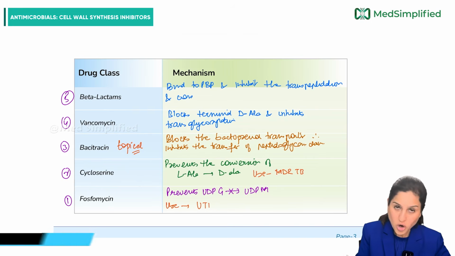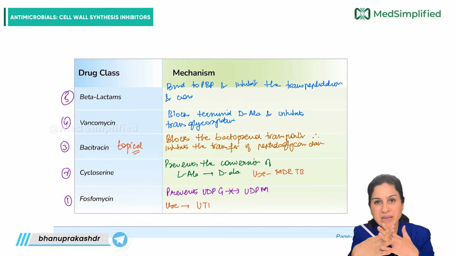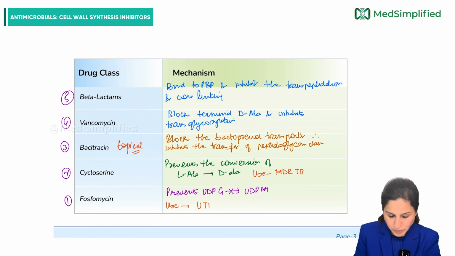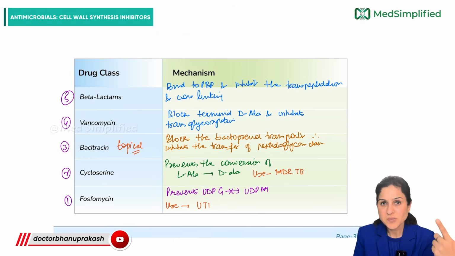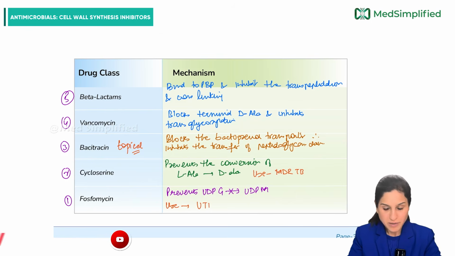So if there is no cross-linking formed in the cell wall, then it becomes very weak and it is easy for the cell wall to get destroyed. So beta-lactams consist of your penicillins, cephalosporins, carbapenems, and monobactams. So this is the main mechanism of all these drugs which act on the cell wall, remember, right?